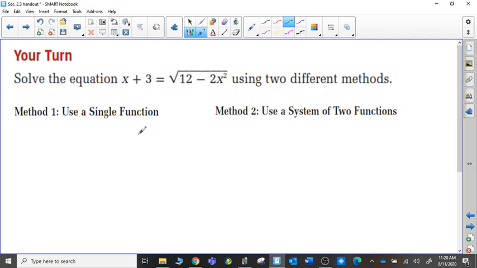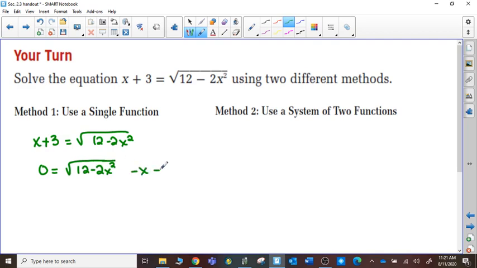We've already taken a look at it as a single function, and what that means is if I were to solve this equation graphically as a single function, they want us to move all the terms to one side, so I subtract the x from both sides and I subtract the 3 from both sides. What we're going to put into the graphing calculator is a single function.